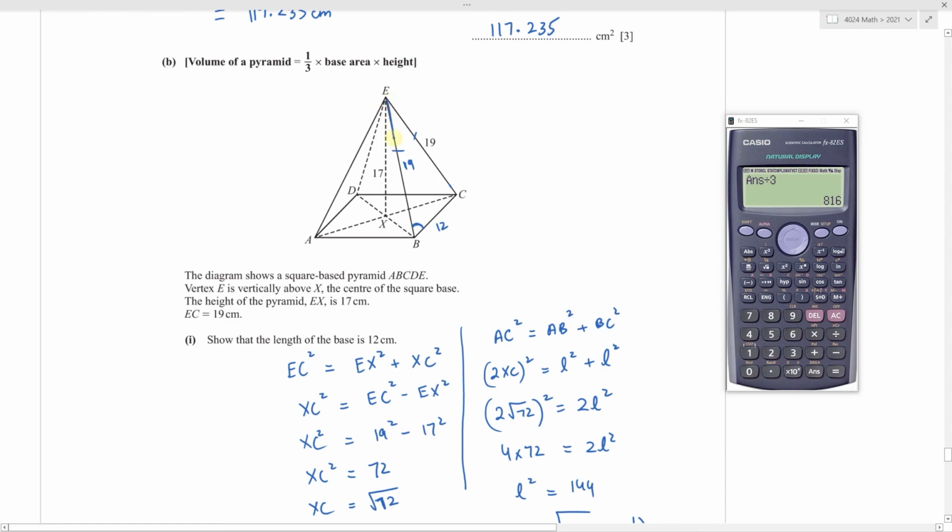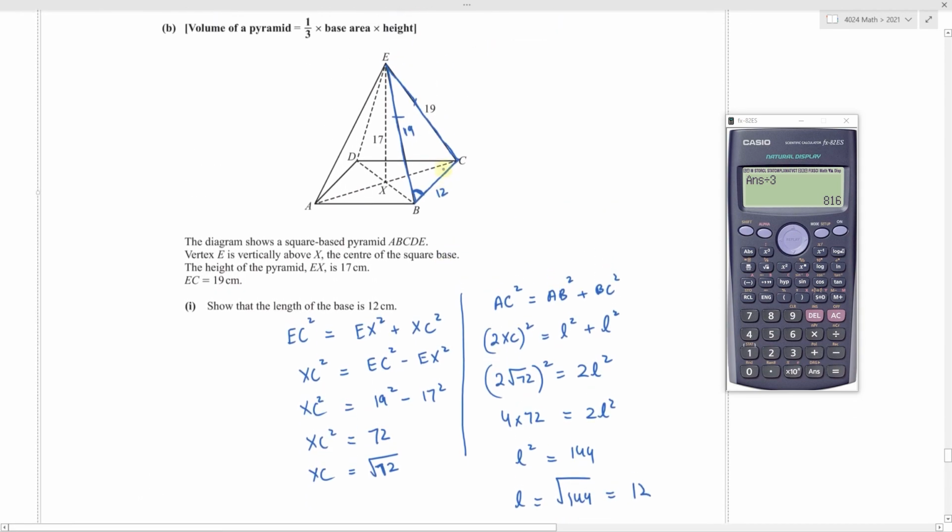So if I look at this triangle EBC, I know all three lengths, and I need to find this angle, which is the unknown. I will use the cosine rule to find this unknown angle CBE, because I know the length of all three sides of this triangle EBC.